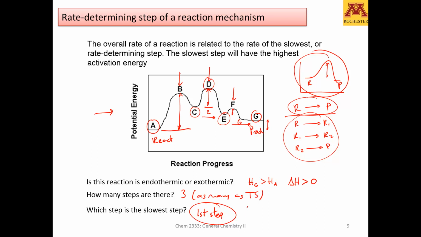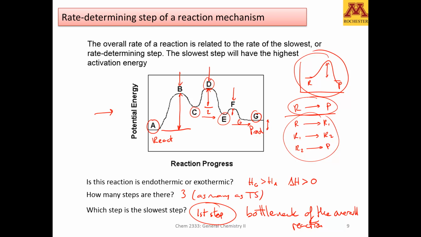And because it's the slowest step, you can think of it as the bottleneck of the overall reaction. In other words, products will be produced as fast as the first step can make its own products.